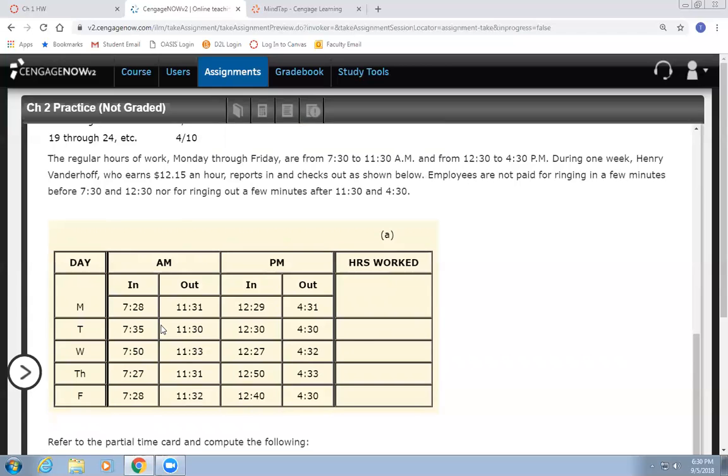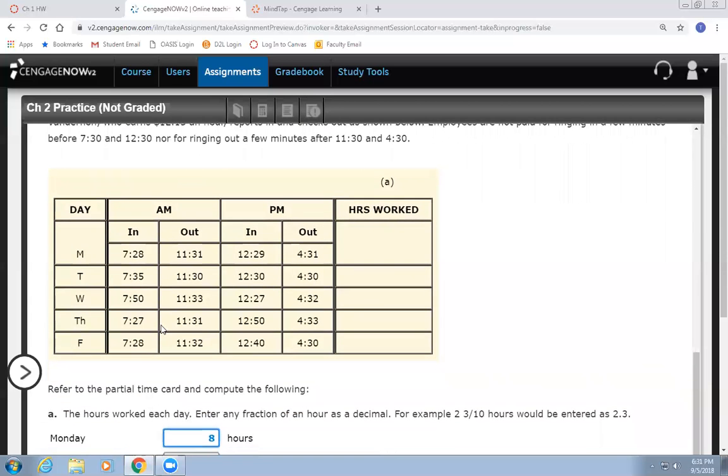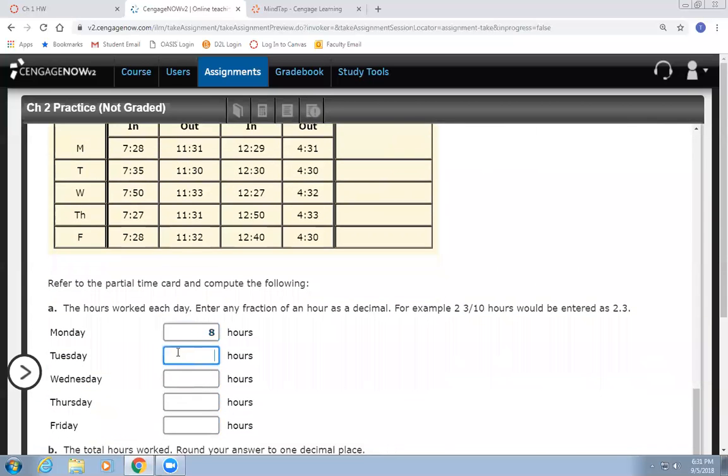He's going to get credit for 3.9 hours worked because he was 5 minutes late. In the afternoon, he was right on time, 12:30 to 4:30, so he gets those full 4 hours. Since he was 5 minutes late, he gets a deduction of 1/10 of an hour, or minus 0.1. So his total hours on Tuesday are 7.9.